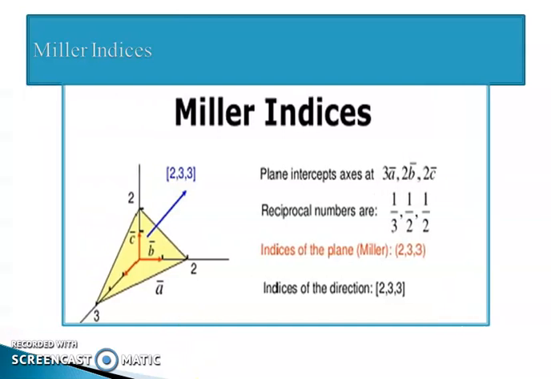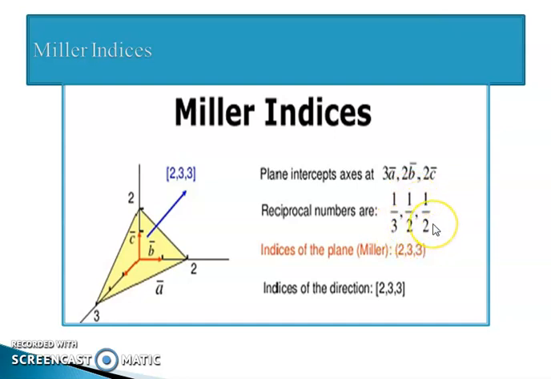See, this plane is shown with this triangular shape. These are the crystallographic axes x, y and z, and these are the intercepts. So the intercepts on the axes are 3a, 2b and 3c. What are the reciprocals of these numbers? 1 by 3, 1 by 2, 1 by 2.